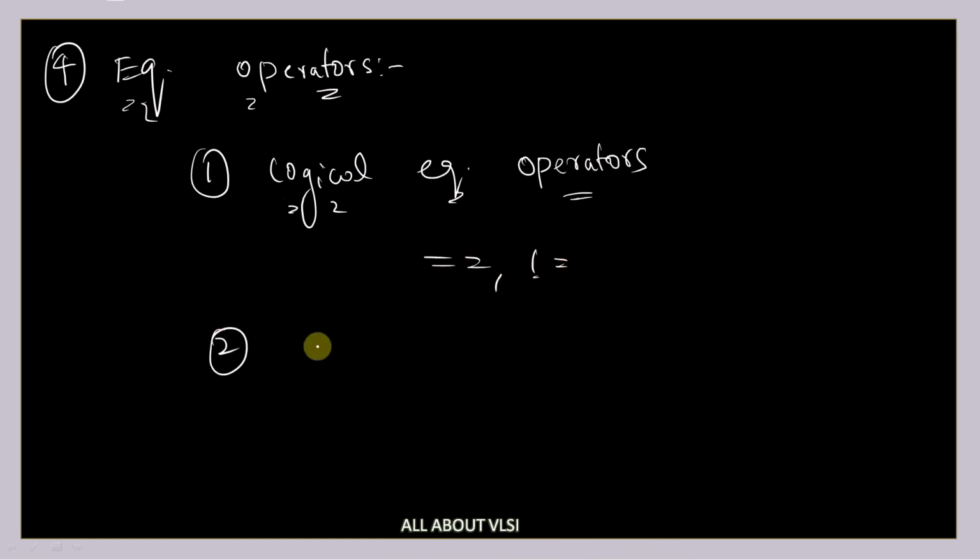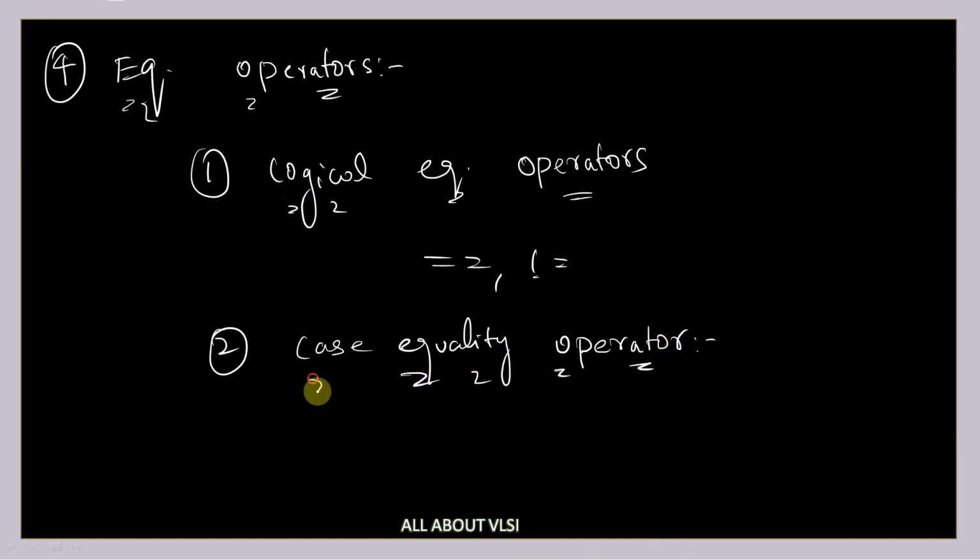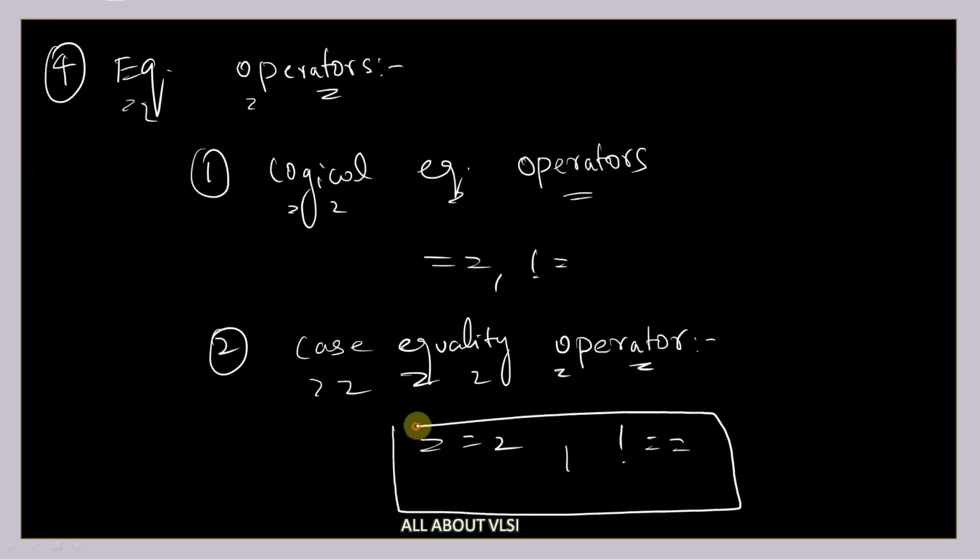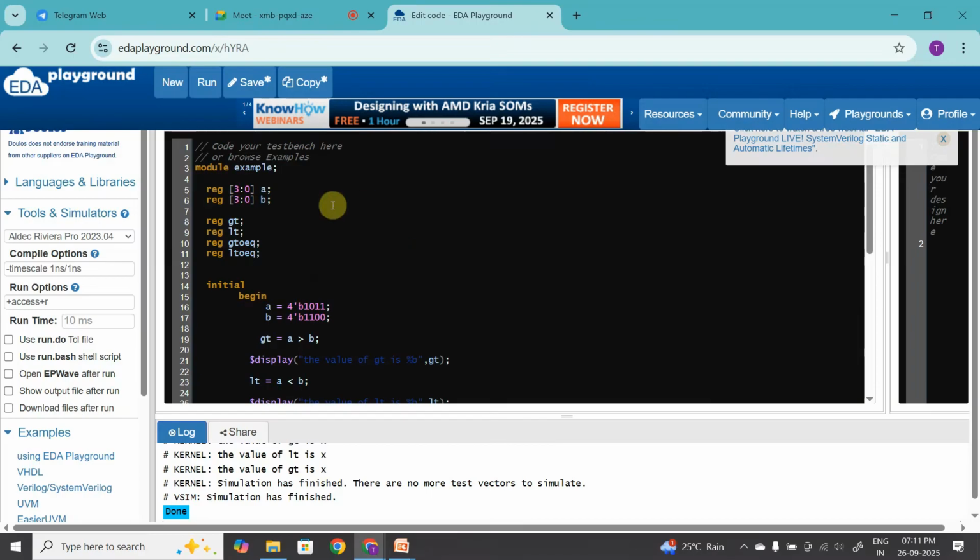And we have one more, which is known as the case equality operator, which is triple equal to and not double equal to. So these are our two types of operators, logical equality operators and case equality operators. Let us try to understand what this is.